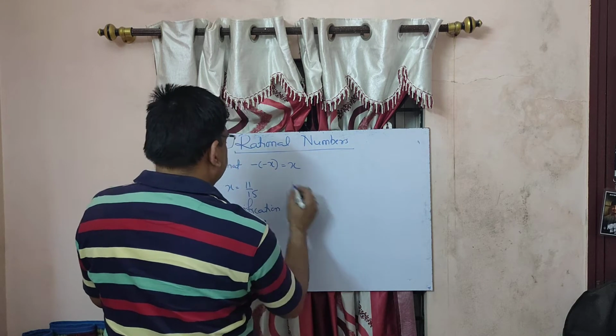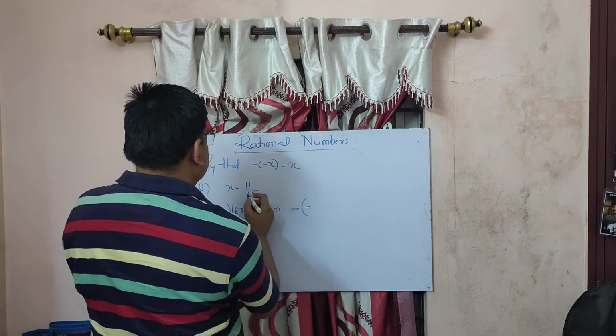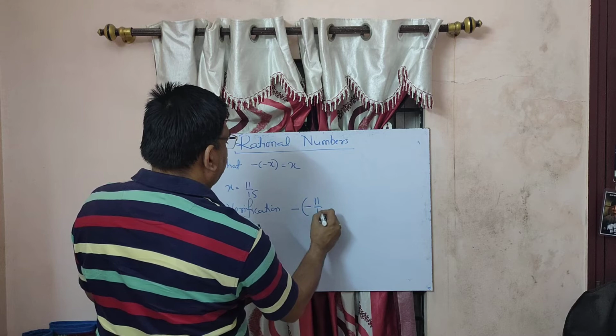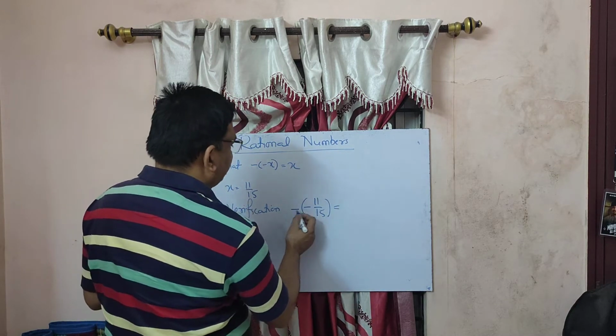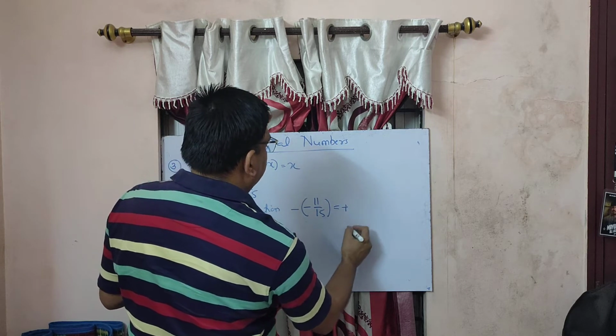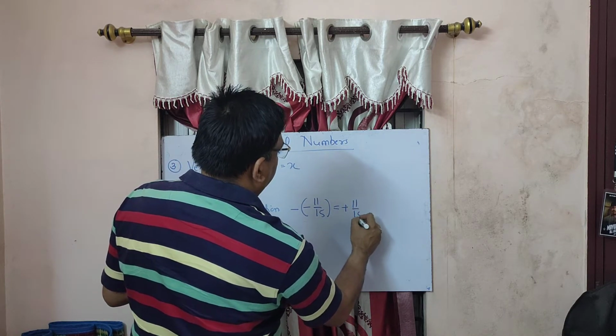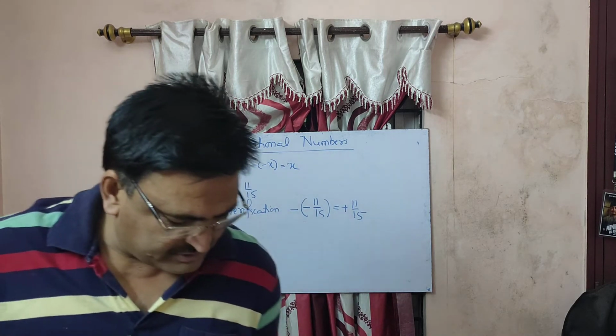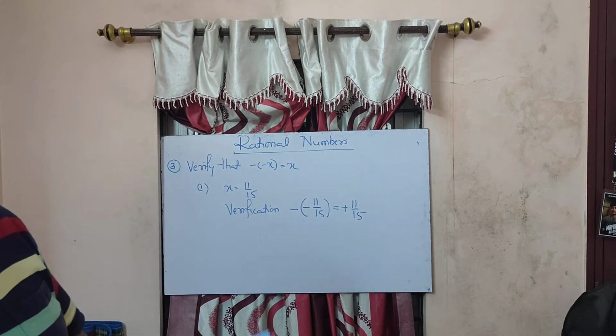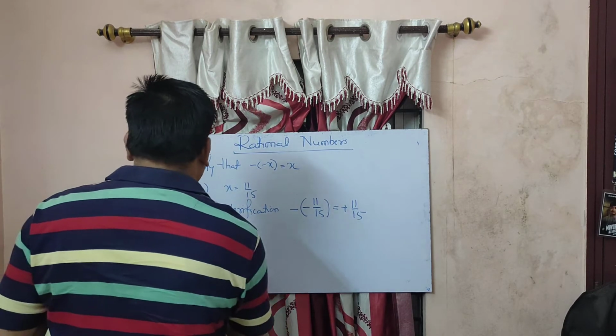First write minus, again minus 11 upon 15. That is equal to, so minus into minus is what? Plus, so 11 upon 15. Verified it is. Only this much you have to do. You have to just verify. So the next one is the same way.